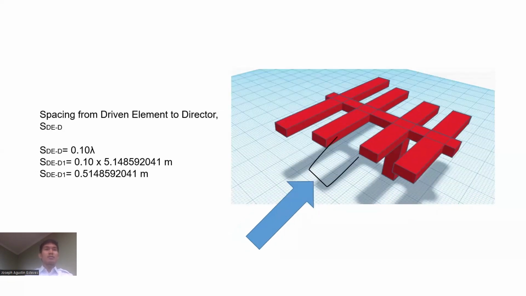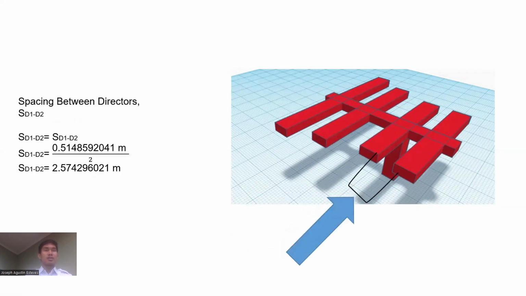Spacing from the driven element to the directors, or S driven element to director: 0.10 lambda times 5.148592041 meters. And the answer is 0.514859241 meters.